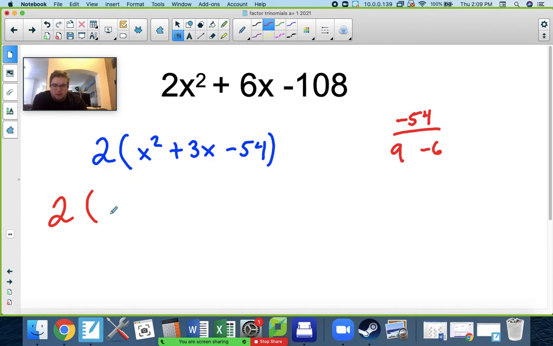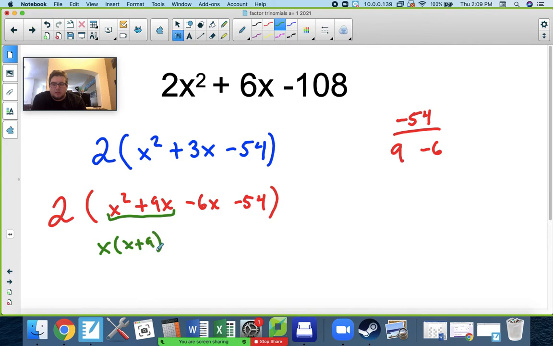So we have x squared plus 9x minus 6x minus 54. From the first two terms here, I can take an x. 2 still chilling. Second two terms, I'm going to take a negative 6.